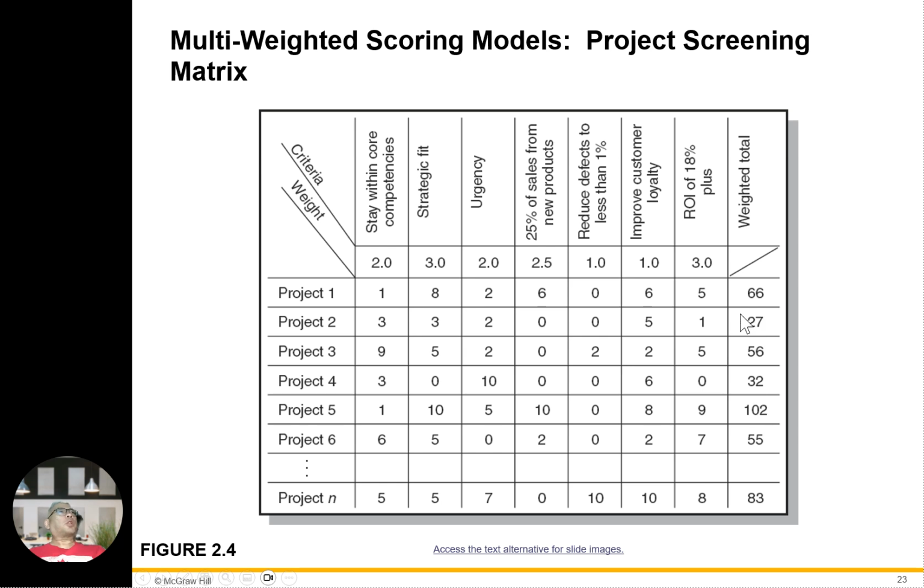The lowest will be project 2. There's strategic fit, and there's urgency, which is project 4. There's 25 for sales of production. This is a multi-weighted metric system: improve customer loyalty and ROI, in terms of percentage. This shows you the idea of a matrix.